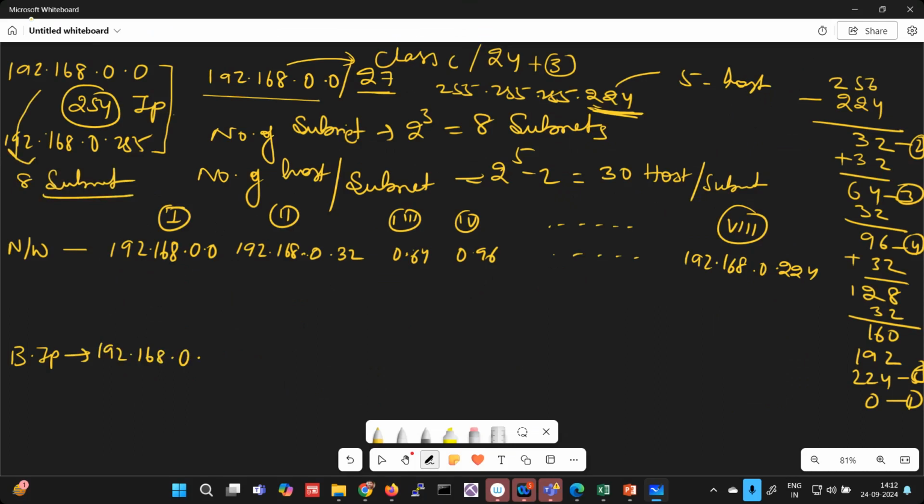So 0.32 minus 1 means 0.31. So 0.31 will be the broadcast IP. For this network, 0.63. For this network, 0.95. Similarly, the last will be 192.168.0.255.